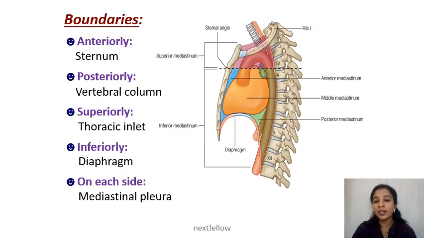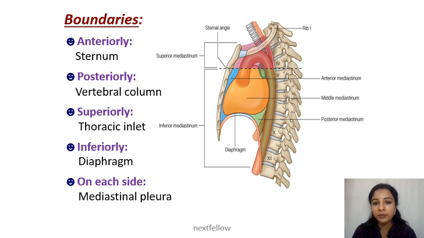If we see the mediastinum on the whole, it is bounded anteriorly by the sternum, and posteriorly by the vertebral column from T1 to T12, the thoracic 12th vertebra. On each side the mediastinal pleura is present, and inferiorly it is related to the diaphragm.